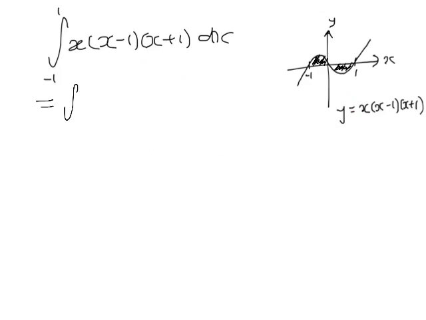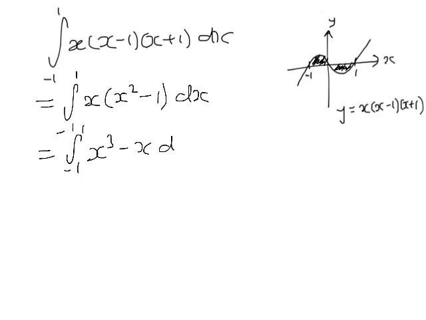We get the integral of, let's expand these brackets out, it's a difference of two squares. We get x squared minus 1, and expanding this out a bit more, we get x cubed minus x. This is what we need to integrate.